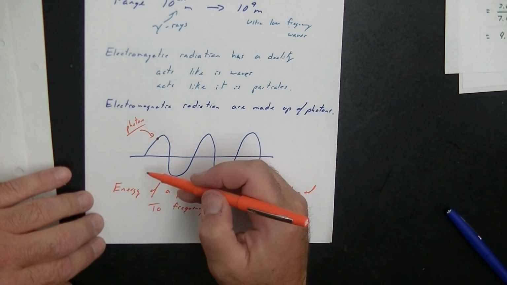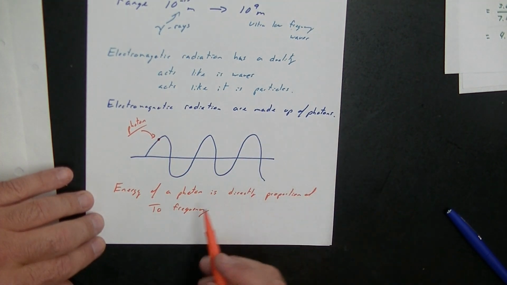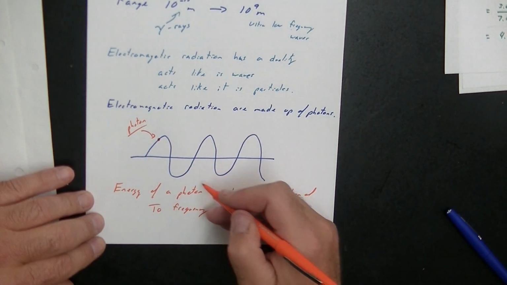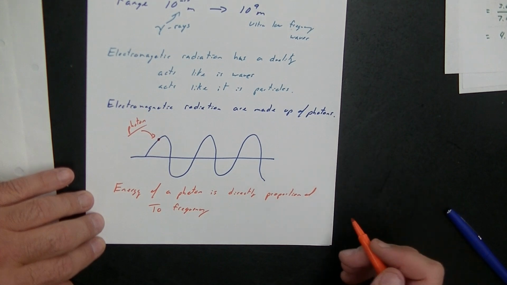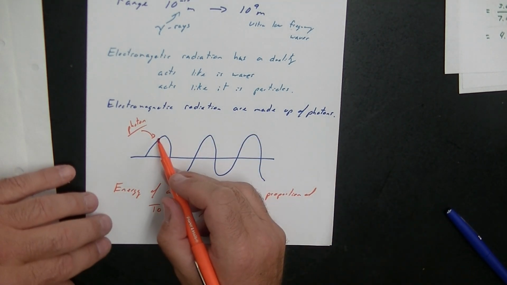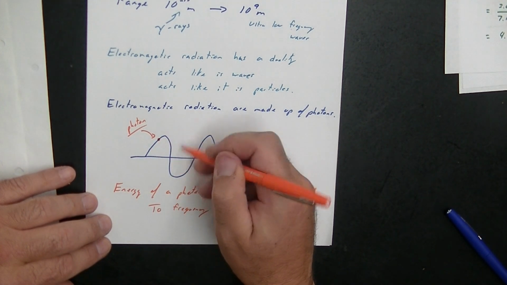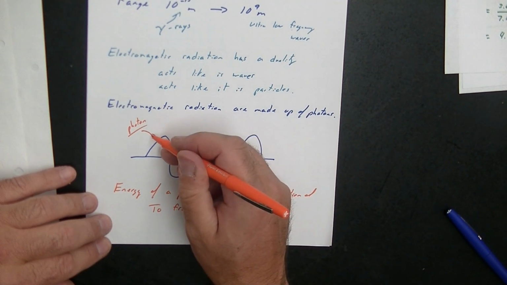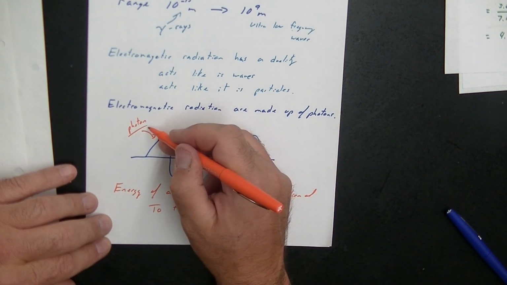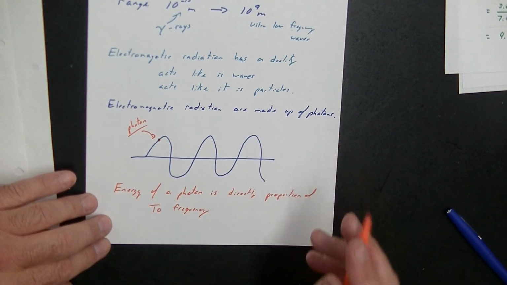So as frequency increases, the energy of that photon also increases. So if we have long wavelengths, or very low frequency, it's going to have very low energy. But if the frequency is high, that means we got lots and lots of waves happening. All right, that means those photons have a lot of energy.